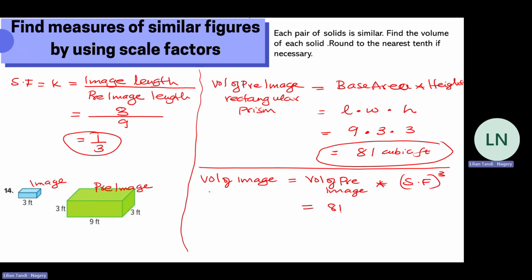Volume of the pre-image is 81, scale factor is 1/3, and then you cube it. So this should be 81 multiplied by 1/27, which should give you 3 cubic feet. And you box your answer.